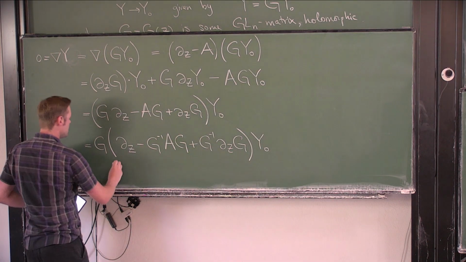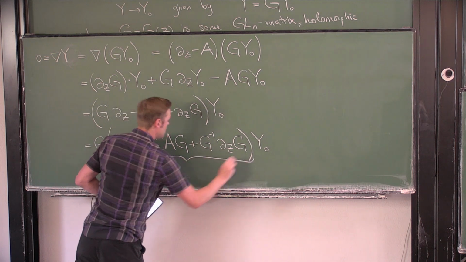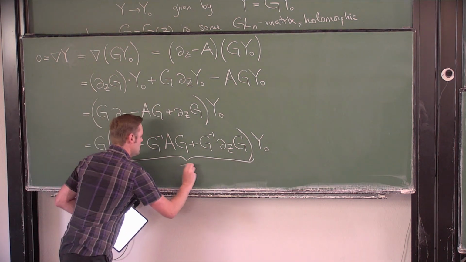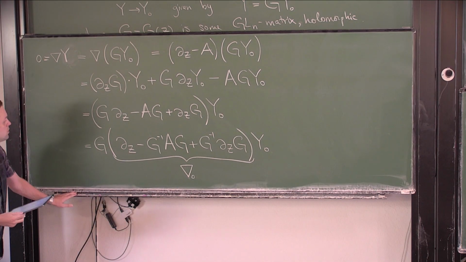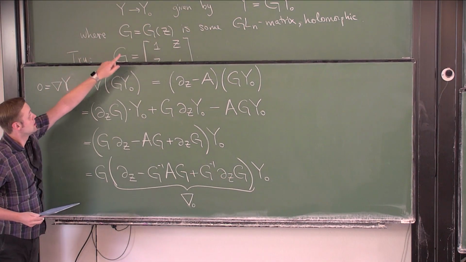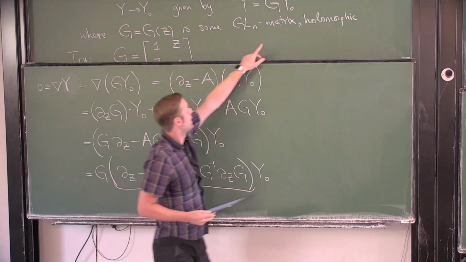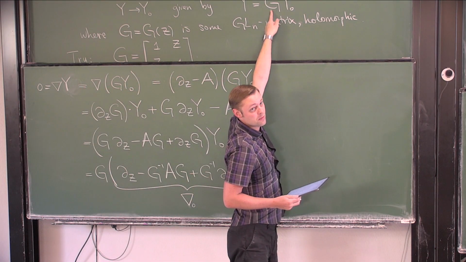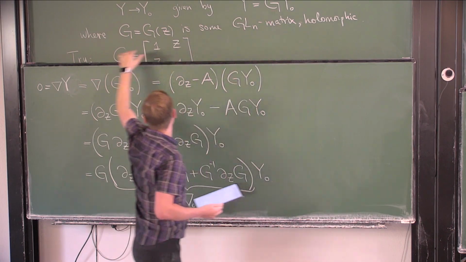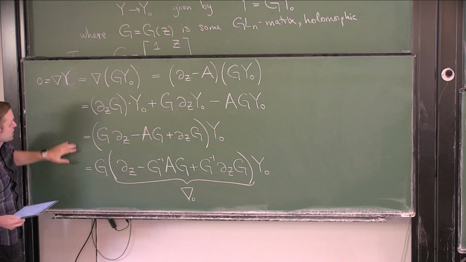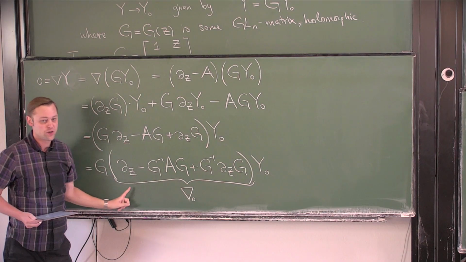And so this is perhaps something I will call nabla naught. So that's my new differential system. What I did was I changed my unknown variable by some, at this point, unspecified matrix G. And what that operation has done is that it's changed the differential system for me.